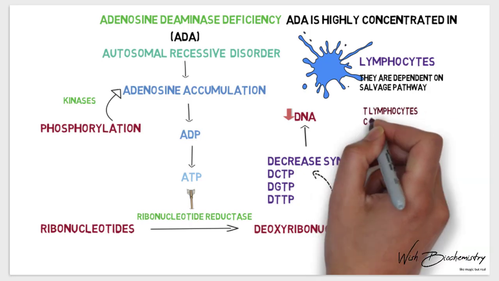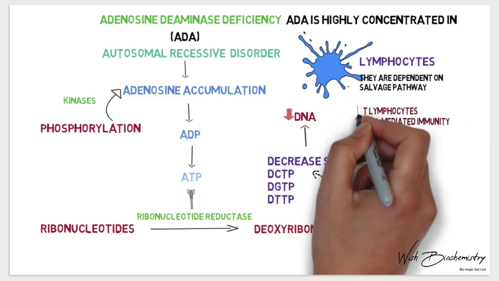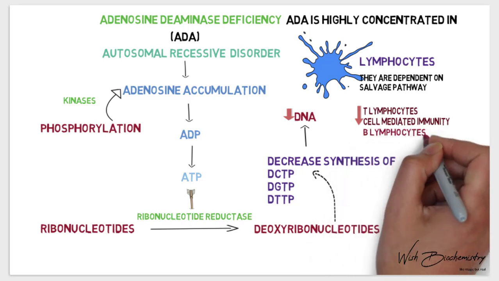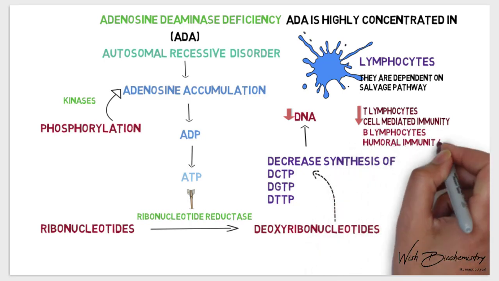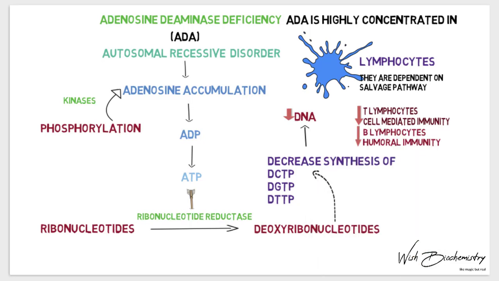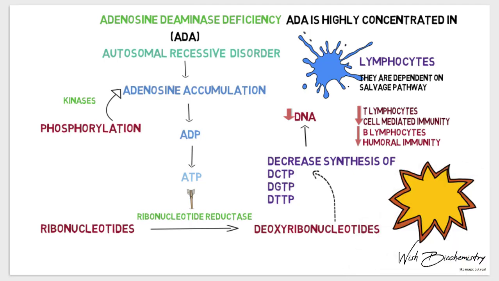Both T and the B lymphocytes are affected, resulting in lack of cell-mediated as well as humoral immunity. This lack of cellular and humoral immunity leads to a condition known as Severe Combined Immunodeficiency.